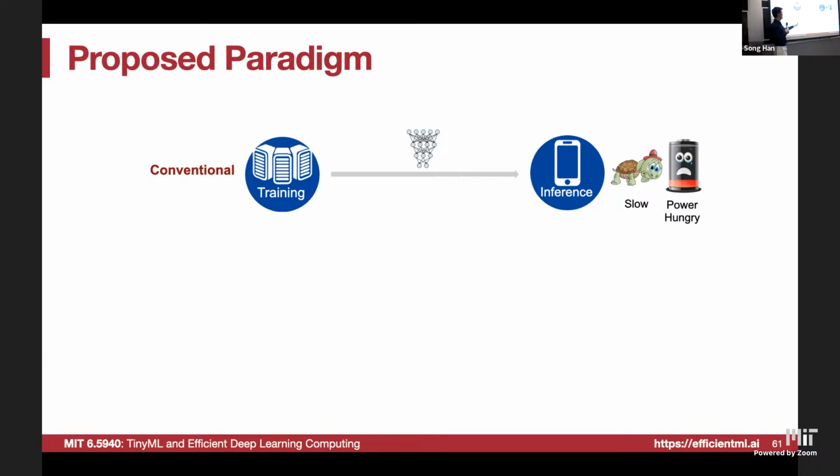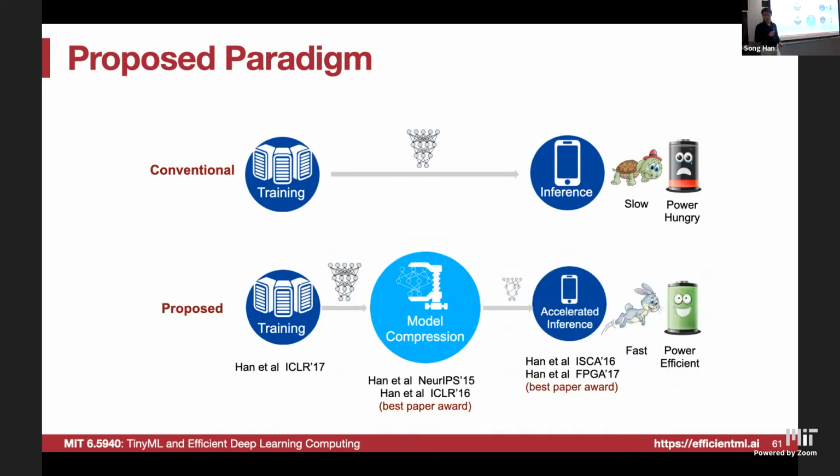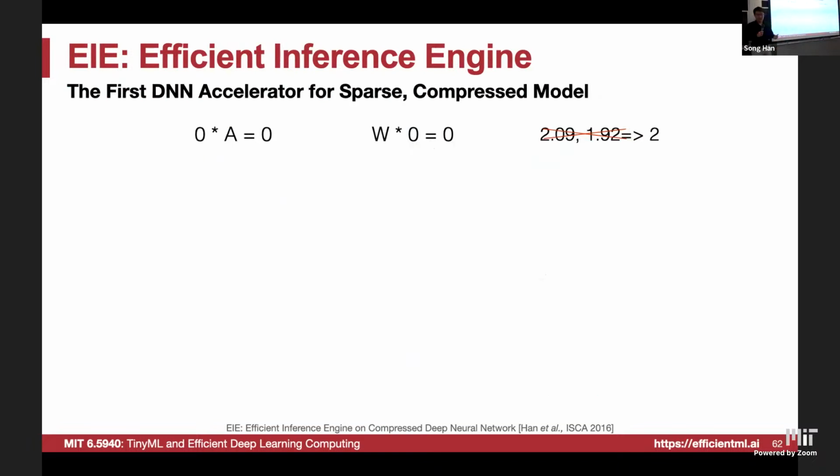So rather than directly running inference on the model that was trained, we want to first compress the model. Make a large model small and sparse, and then we run inference. The simple knowledge is just that 0 multiplied by anything is 0.